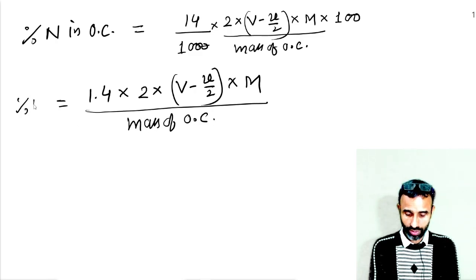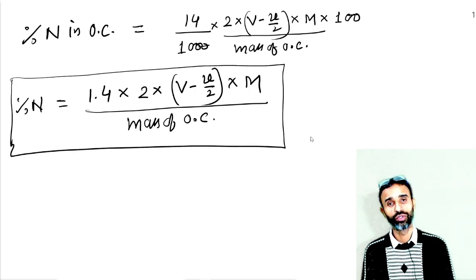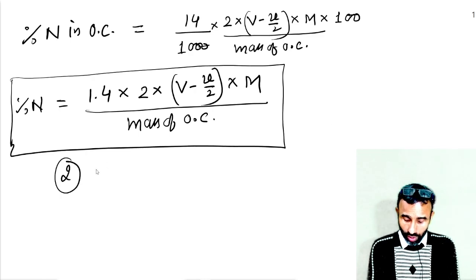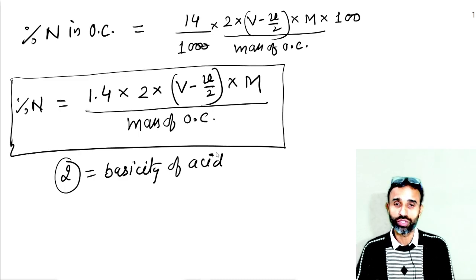So this is the percentage of nitrogen by Kjeldahl method. Understood? This 2 is used because the basicity of the acid is 2. 2 is actually the basicity of the acid used.